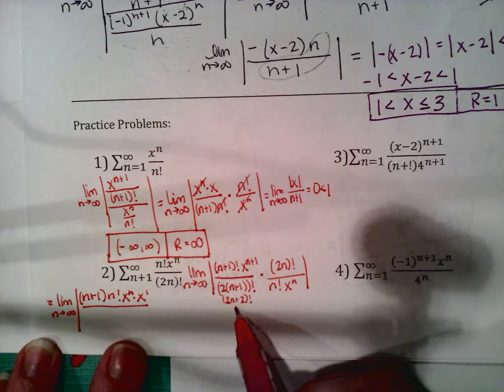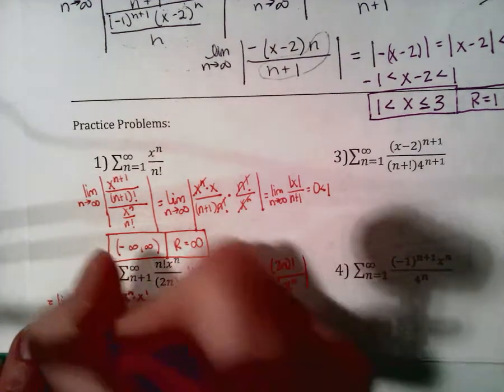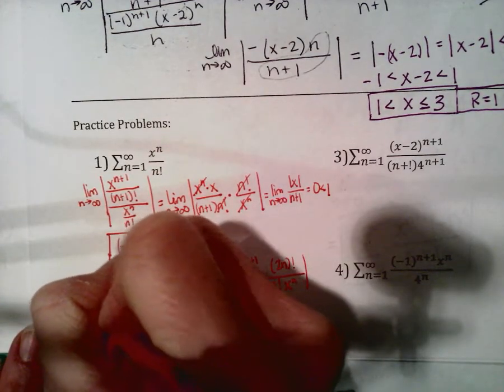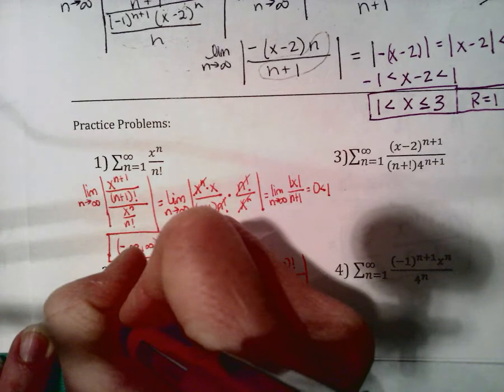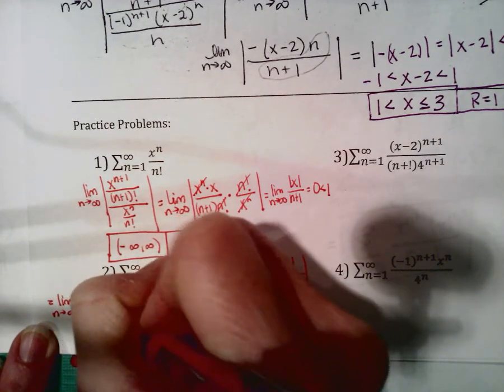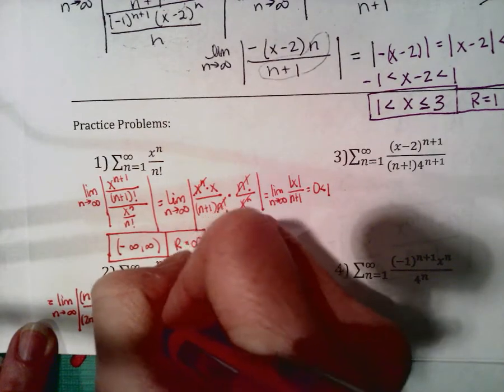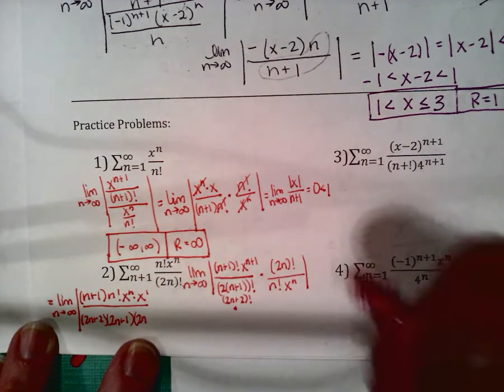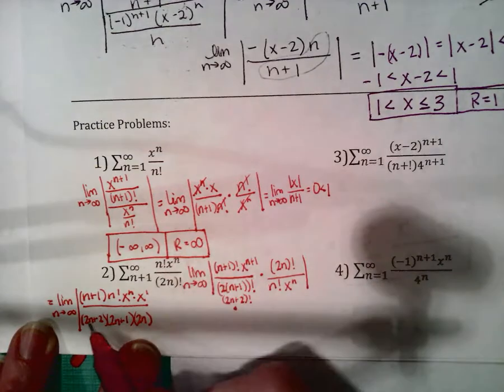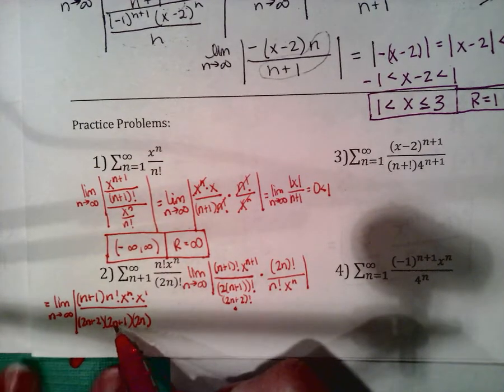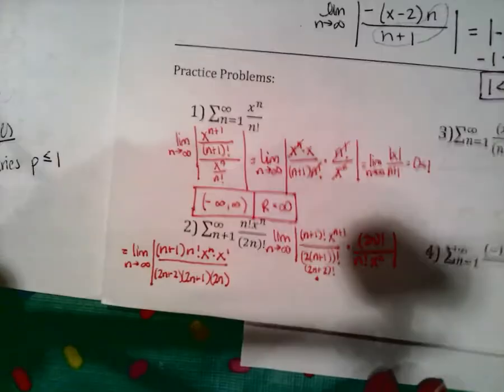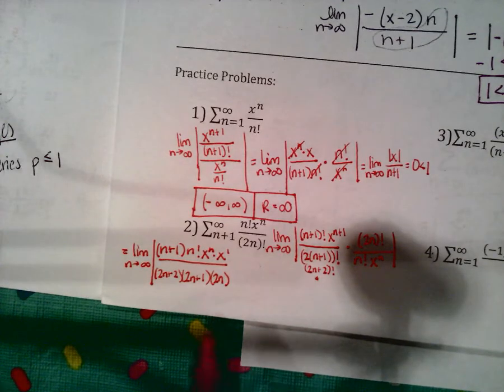So let's just expand it out. It would be 2n plus 2 times 2n plus 1 times 2n times everything lower than that. So notice I'm starting at plus 2, then plus 1, and then just 2n, and then everything lower than it.